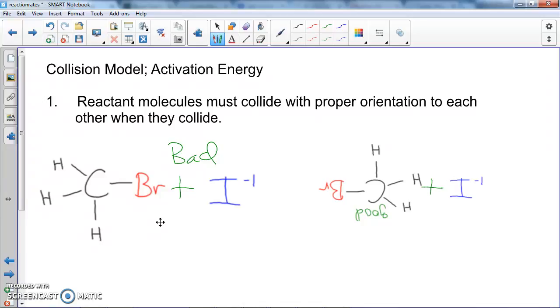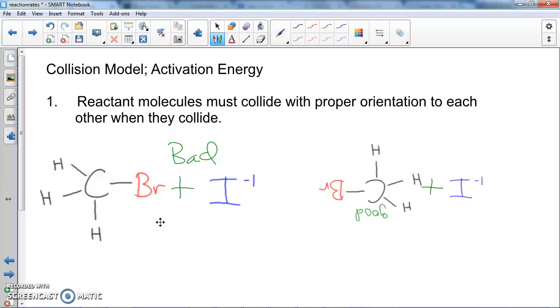It might not be favorable for them to collide in a certain way, so the molecule may need to turn or adjust into a different orientation so they can successfully collide and produce products.